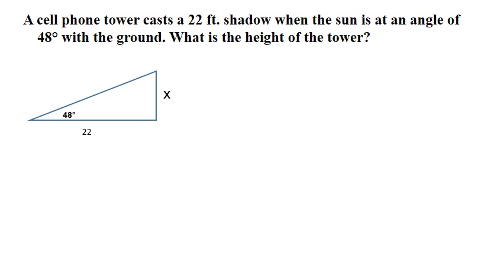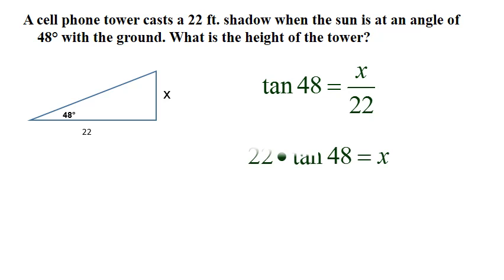So hopefully you labeled the triangle correctly. From here, set up a trig equation based off of 48 degrees, 22, and x. And you would pick the tangent of 48 equals opposite over adjacent, so x over 22. You will then cross multiply, solve like we showed you the other day.